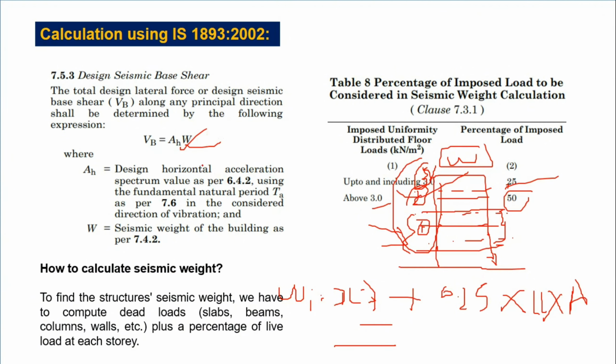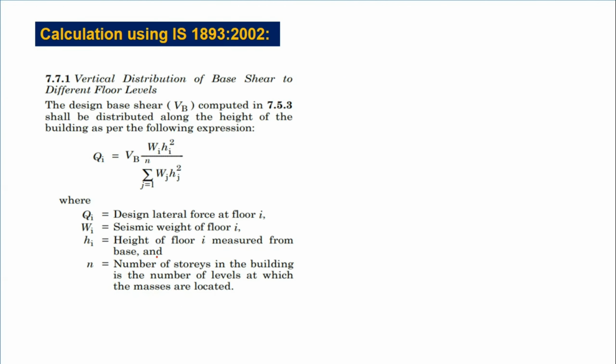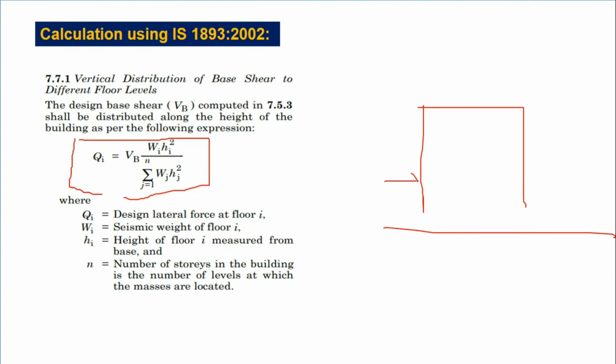And as we have already found the value of horizontal acceleration, we can easily find the base shear. After finding the base shear, we can calculate lateral force at each story by using this expression. The lateral load at each level can be calculated using this formula.